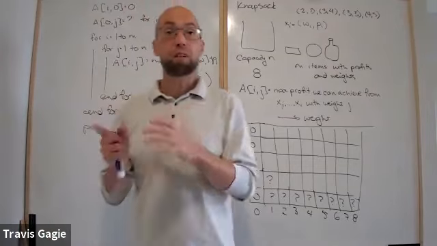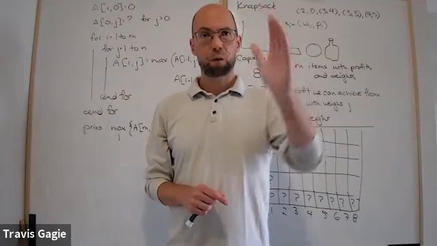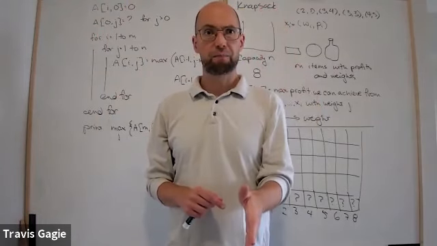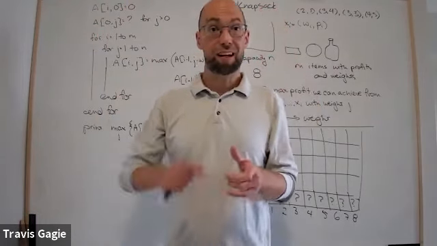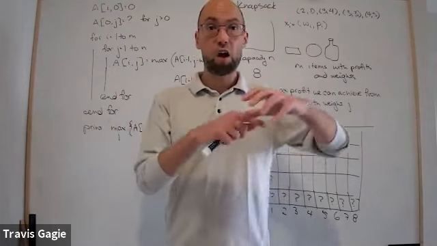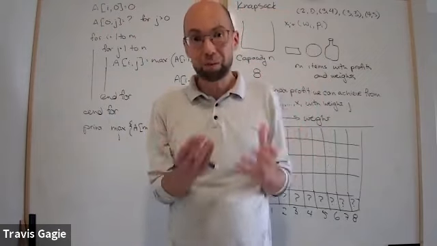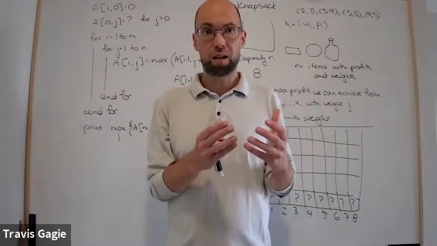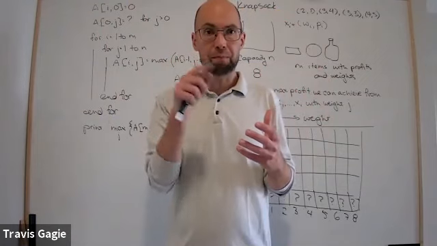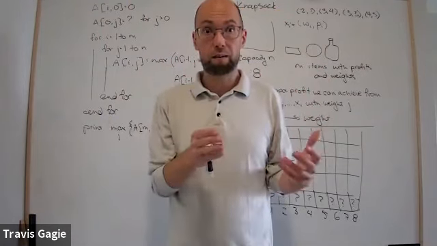So if I tell you, you have to get weight exactly J, and you decide not to take the item, then you had better get weight exactly J from some subset of items that's up to x_{i-1}.